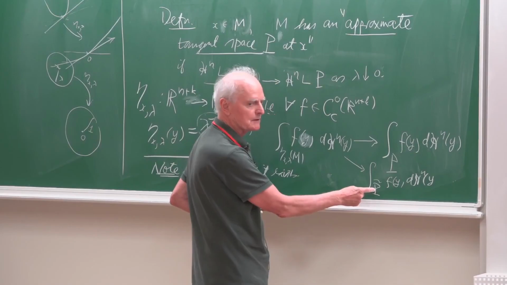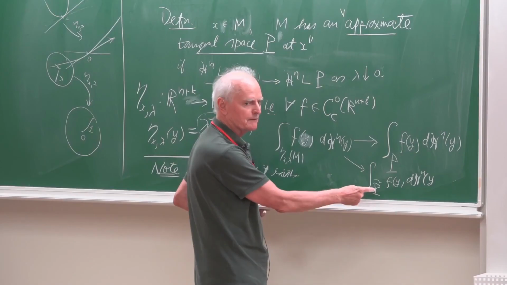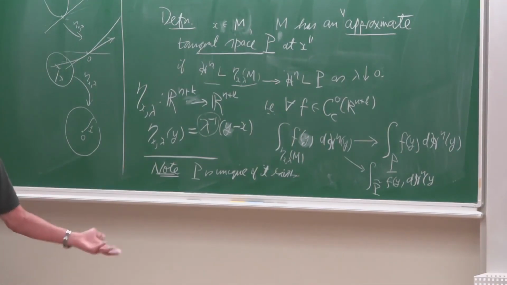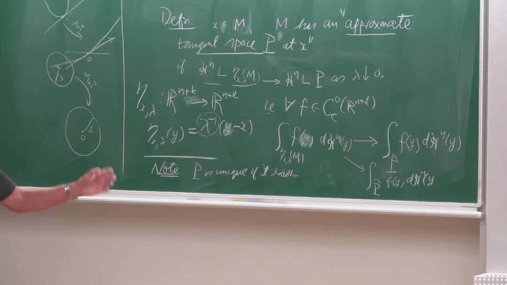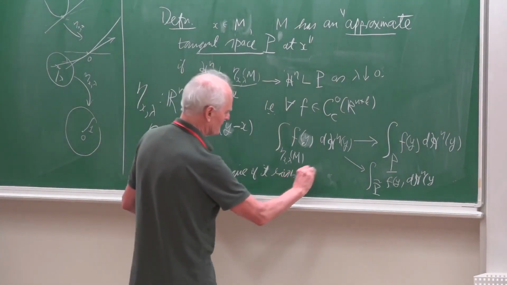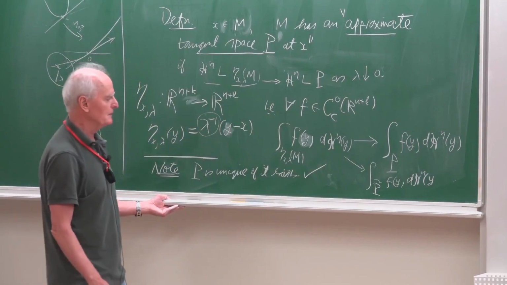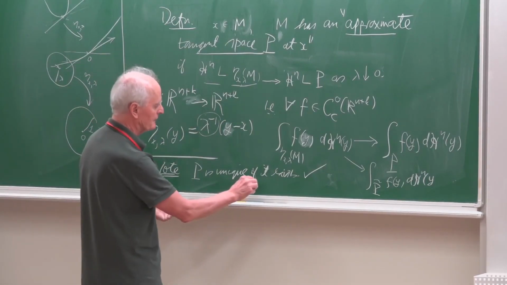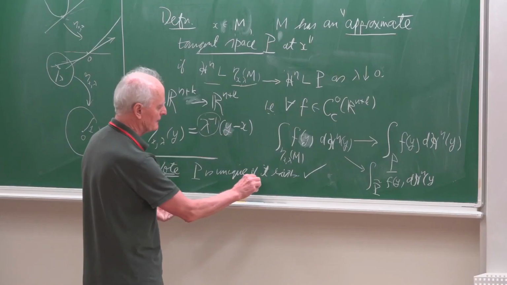Now, obviously, that means P must be equal to P tilde, right? Otherwise, you can clearly cook up a continuous function that vanishes everywhere on P, but which is positive on a set of positive measure. So this is clear. So P is unique if it exists, and that means we should give it a better notation. We should call it T_x M.